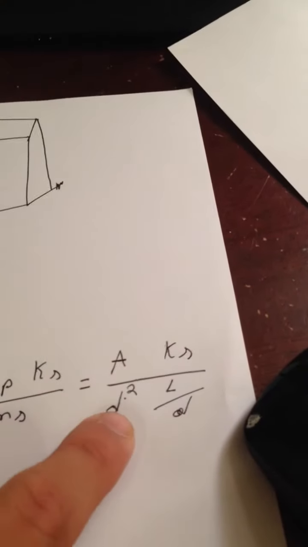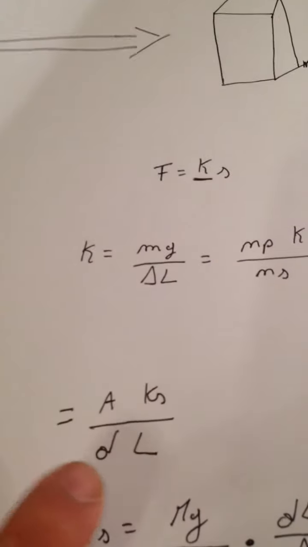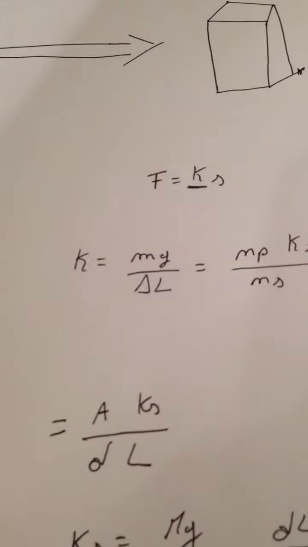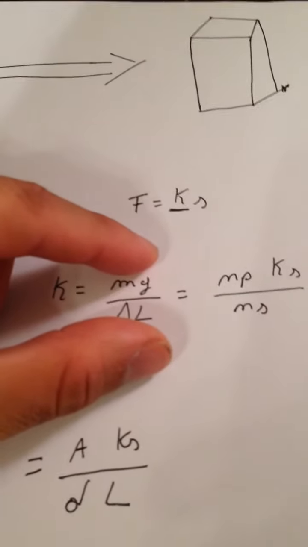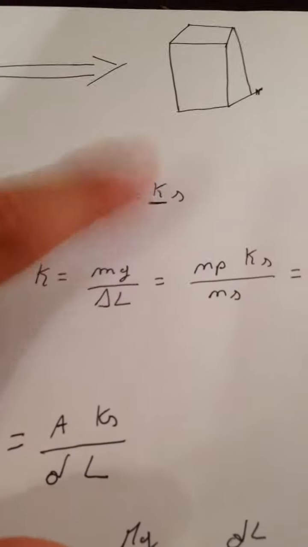So I can cancel one D. This D will cancel with this, and we'll have just this left. I have A times Ks divided by D times L. And I know that this and this are equal to each other. I just proved that this and this are equal to each other.